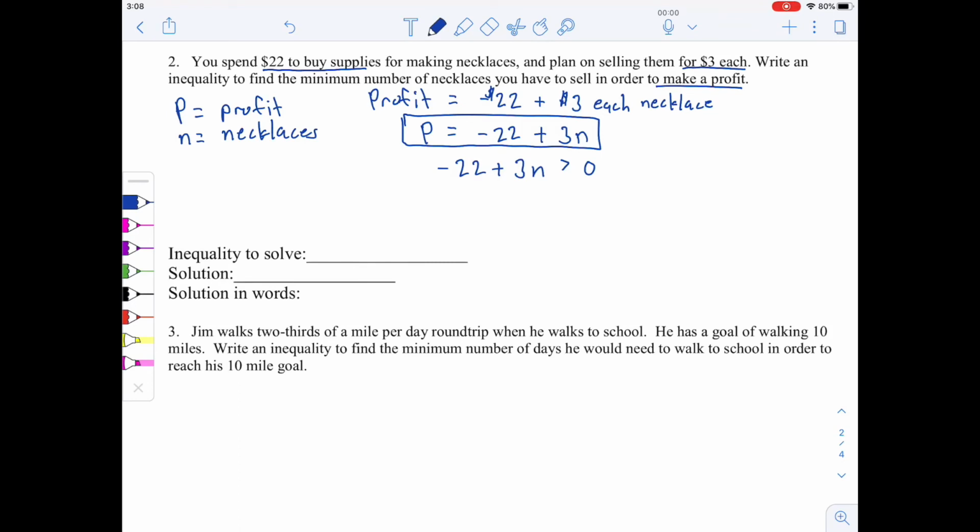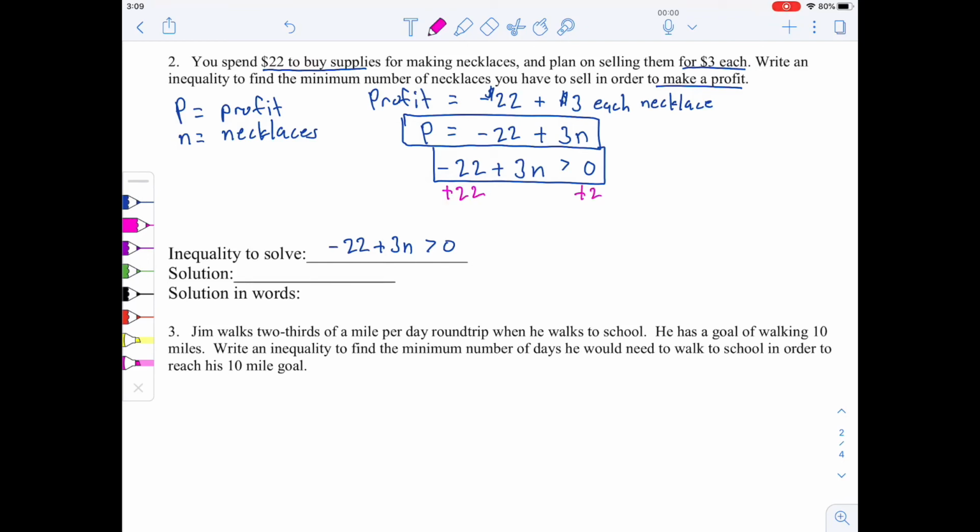If it was equal to zero, you'd be breaking even, right? So how much do you have to sell in order to make a profit? It has to be greater than zero. So this is the inequality that we need to solve. So negative 22 plus 3n is greater than zero. And we're going to solve that.